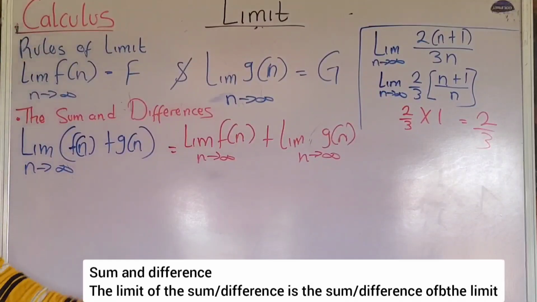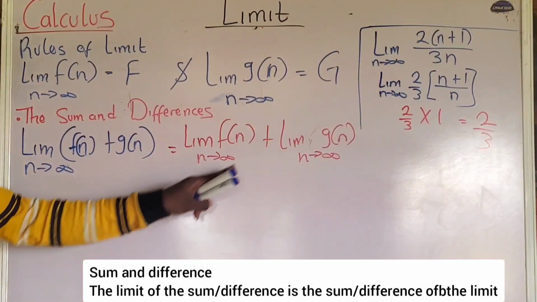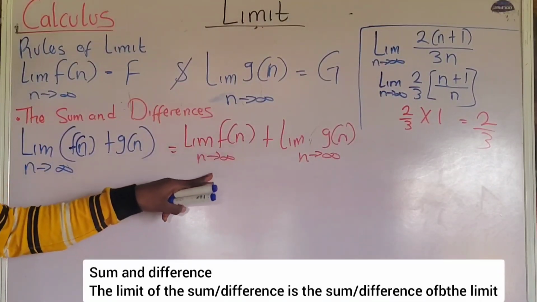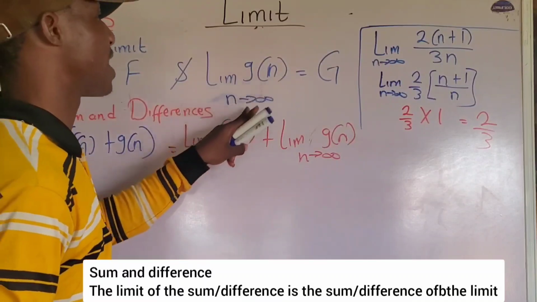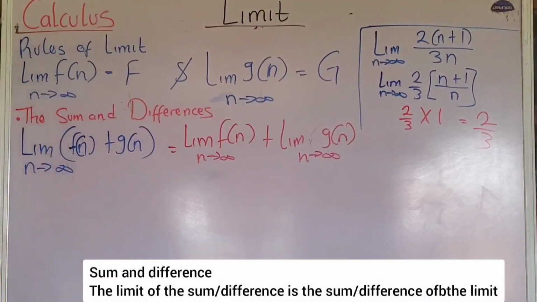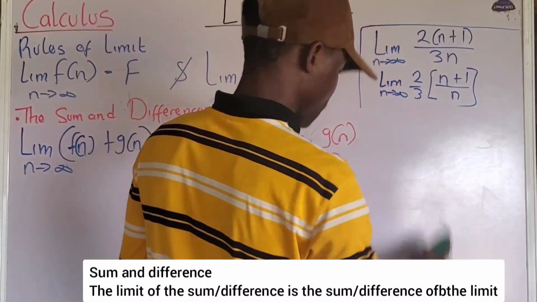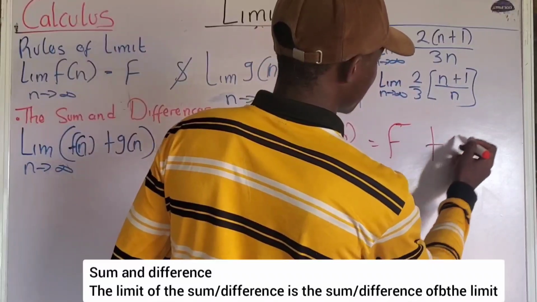You understand? So that is the basic idea behind the rule. Now, because we have already said that let the limit of f of n as n tends to infinity equal f, and the limit of function g of n as n tends to infinity equal g, we are going to have f plus g.